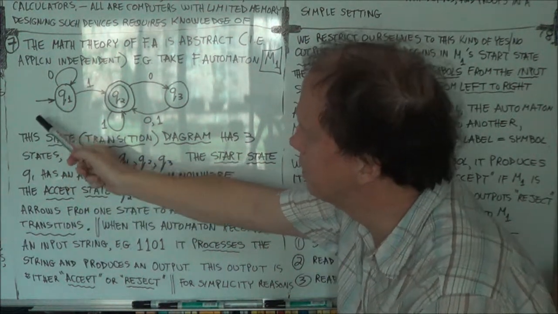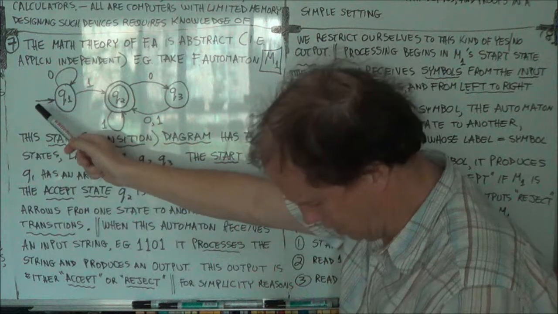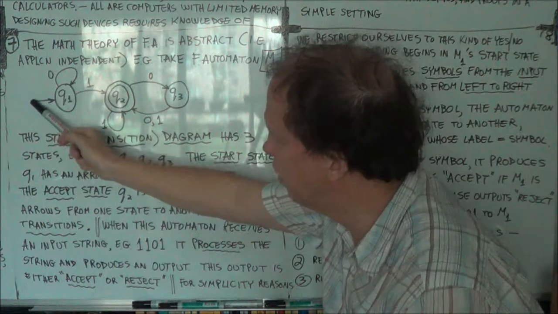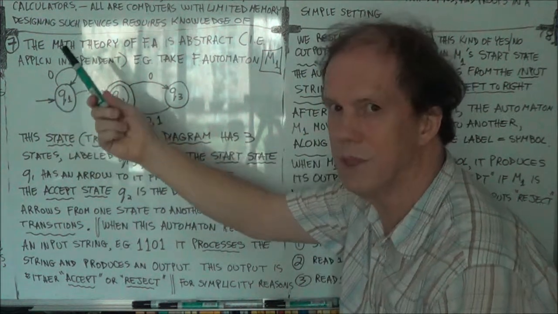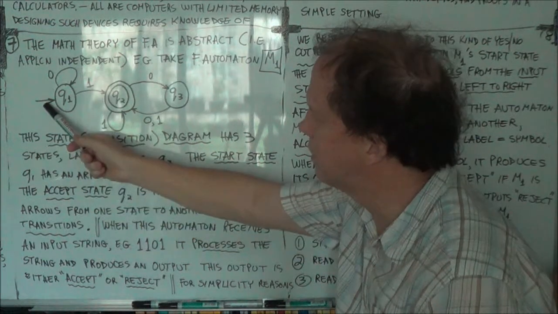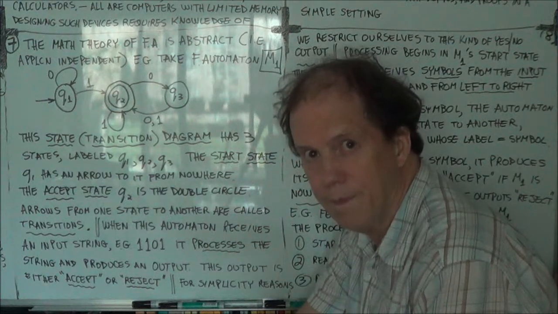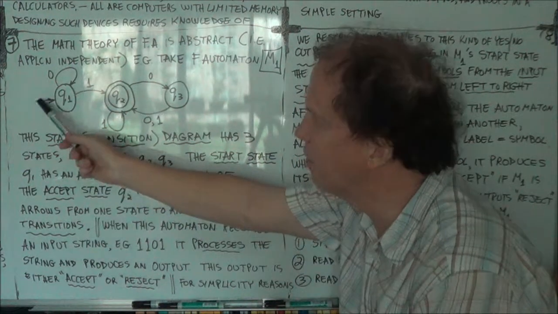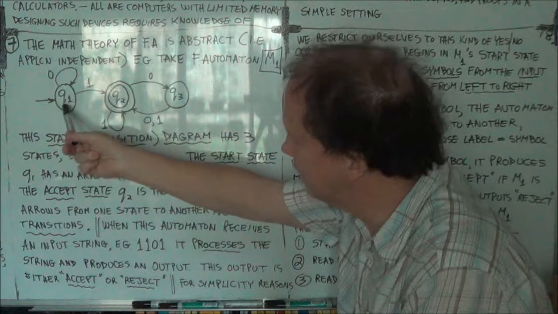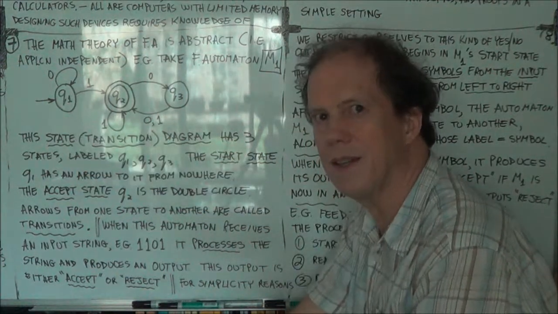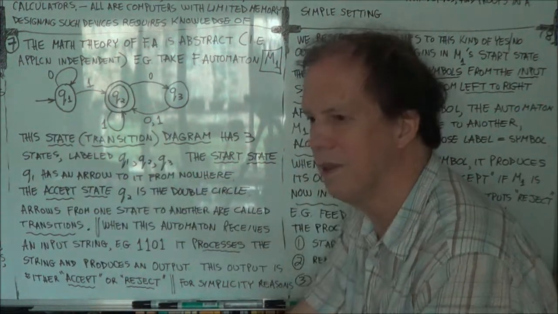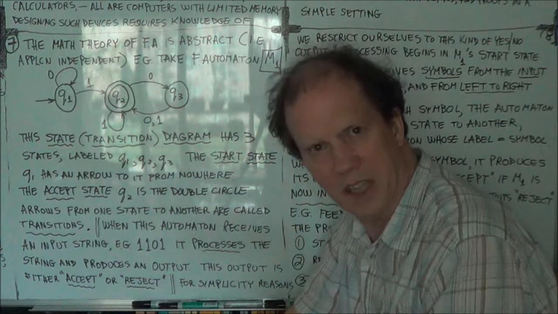This arrow has no node at its start, it's just disconnected. So this arrow is not a transition. It's just an arrow telling you that this node is the start state. You could look on that arrow as the start state indicator.